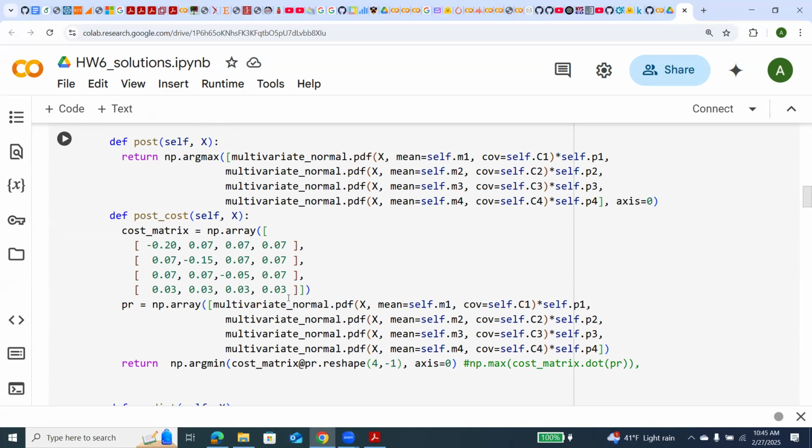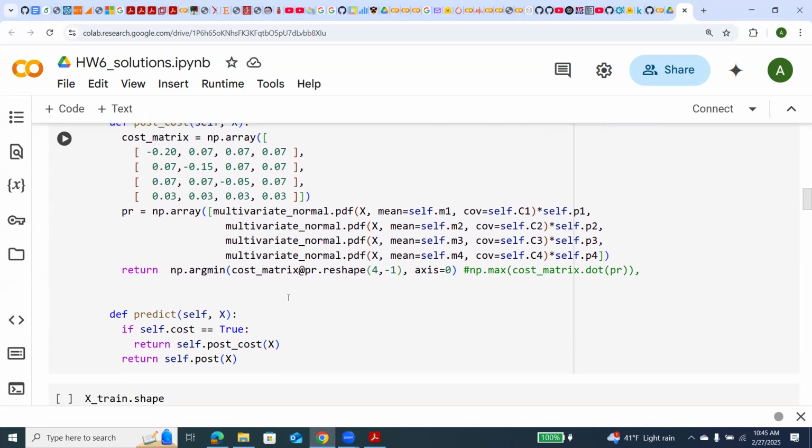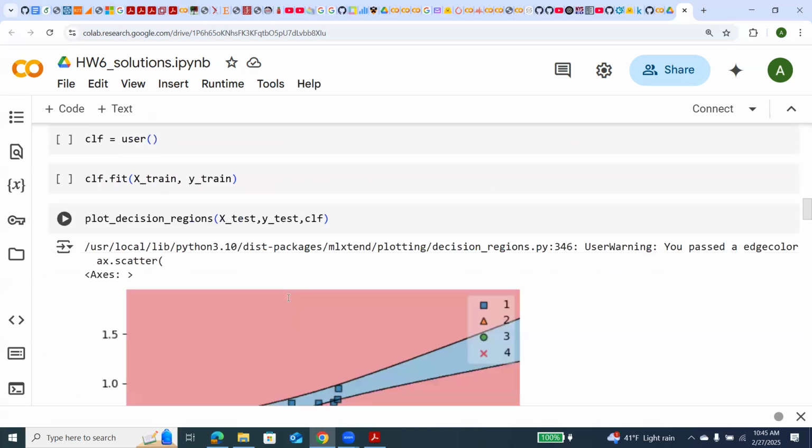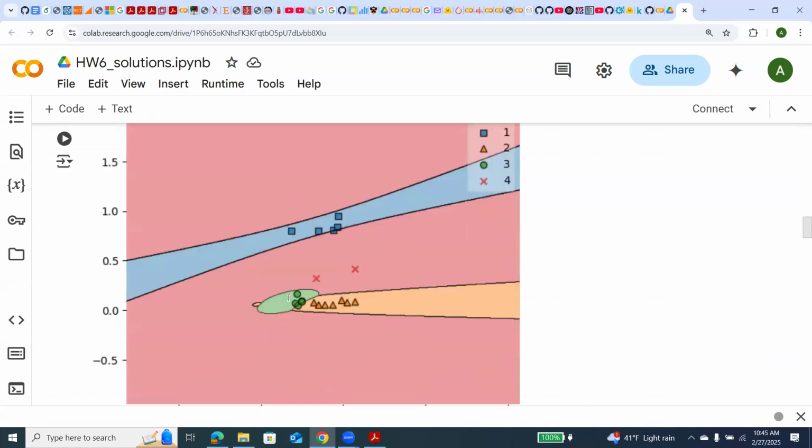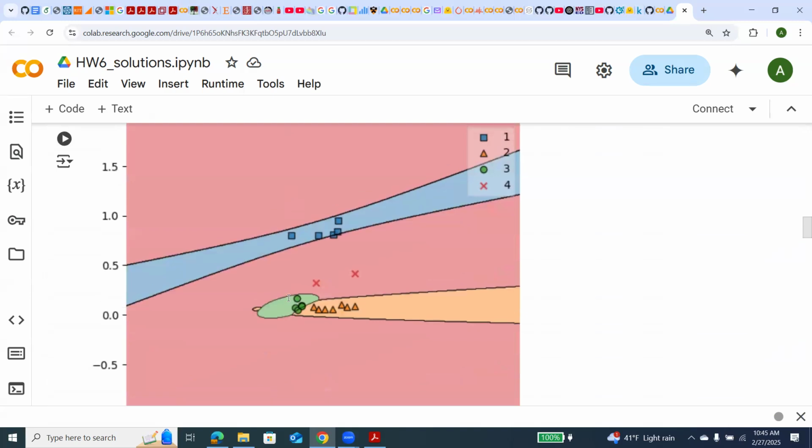And also to sum up the probabilities with these weights, we should multiply this matrix by the matrix of probabilities. So this is the solution for the case with cost, and then it will classify our metal parts a little bit differently.